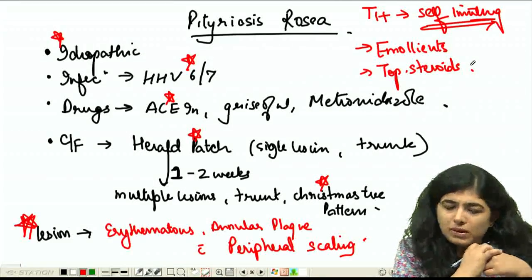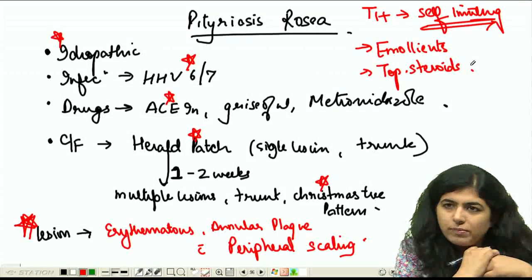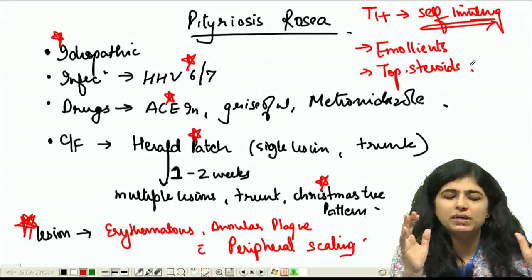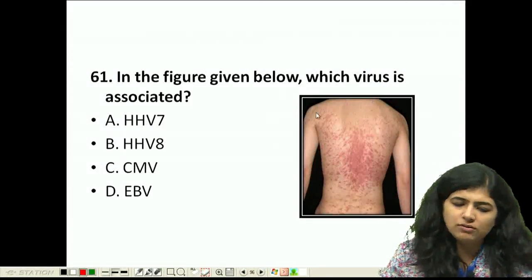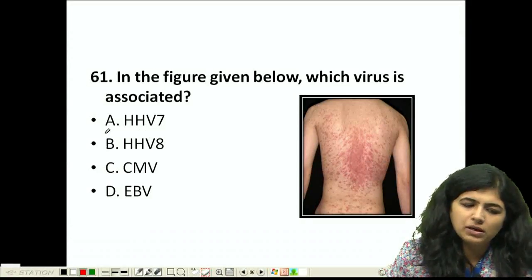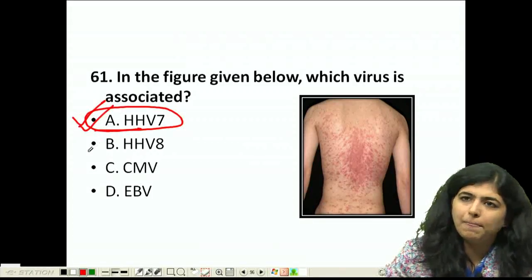Emollients, topical steroids, erythematous annular plaque, Christmas tree pattern, herald patch, everything that you need to know about Pityriasis rosea. Clear? So in this question, we come to the diagnosis that this is the typical Christmas tree pattern, Pityriasis rosea, cause HHV 6-7, answer is A.